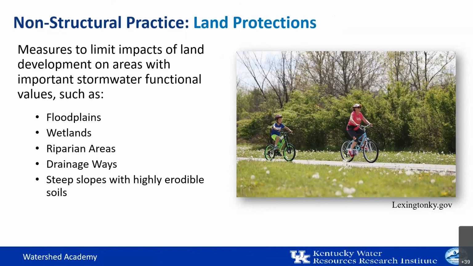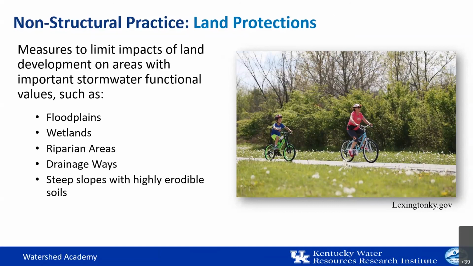In this approach, community planners and leaders can help protect these features from future development, possibly with local ordinances or by purchasing the land and attaching conservation easements. This preventative approach can greatly enhance both water quantity and quality management.